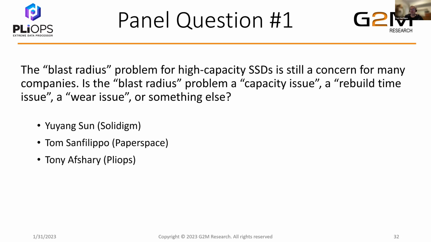But in some cases, our customers need a lot of contiguous space, so we're actually forced to increase the blast radius vulnerability because our customers are demanding bigger space.